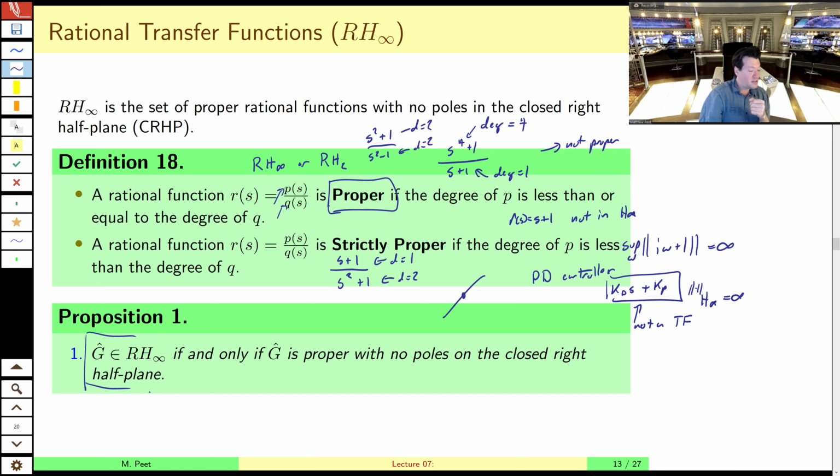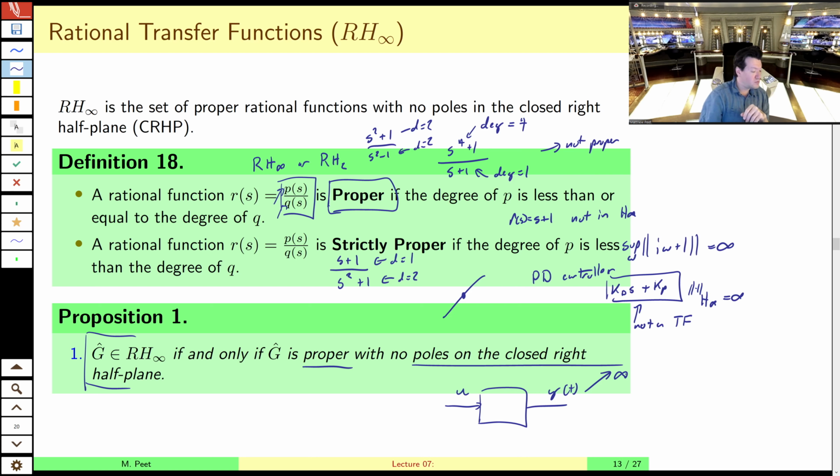By definition, it has this rational representation, and a necessary and sufficient condition for that function to be a transfer function in RH∞ is that it's proper, and it has no poles in the right half plane. Obviously, if I have a pole in the right half plane, it represents an unstable system. So a stable input would produce an unstable output, which goes to infinity. So that's the problem.